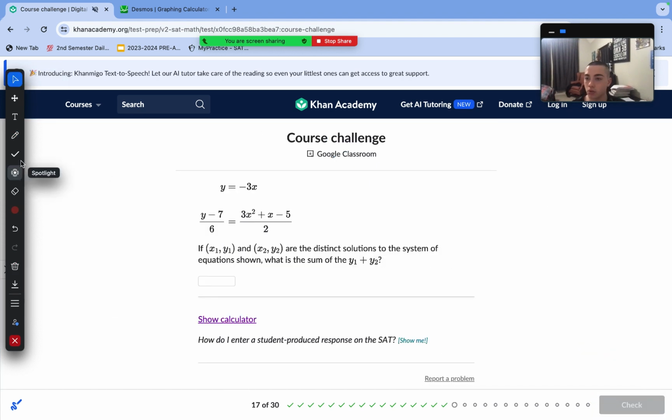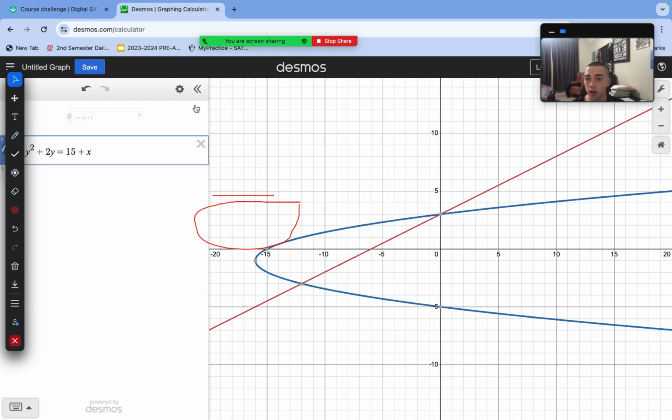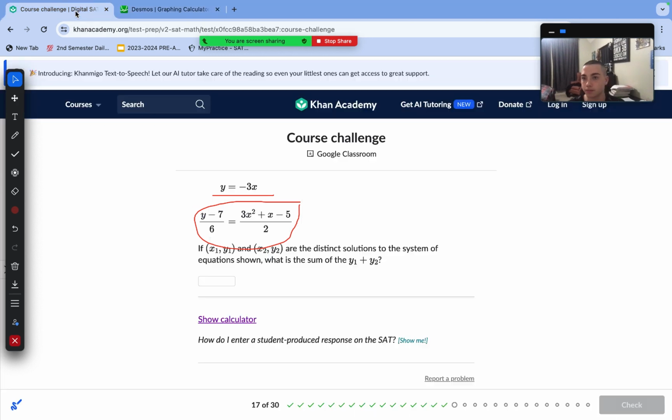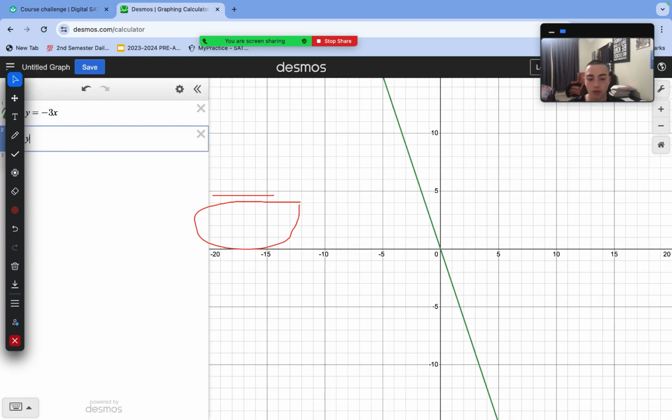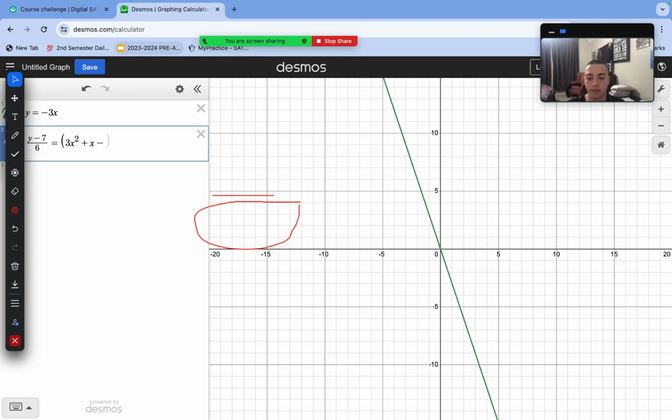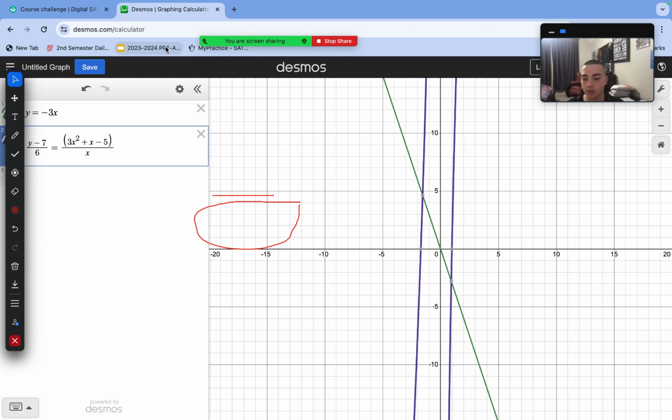Okay, we have two equations here. y equals negative 3x. Then we have this rational one. All we're going to have to do is graph this into Desmos once again. So we have y equals negative 3x, and we have (y minus 7) over 6 equals (3x squared plus x minus 5), all that divided by 2.